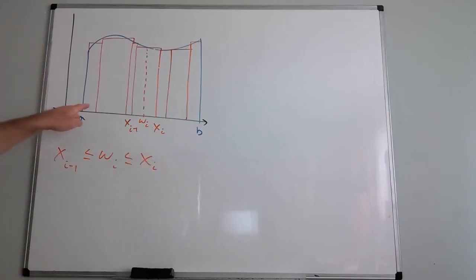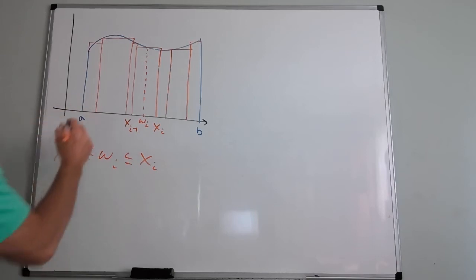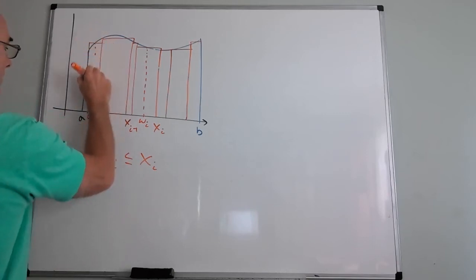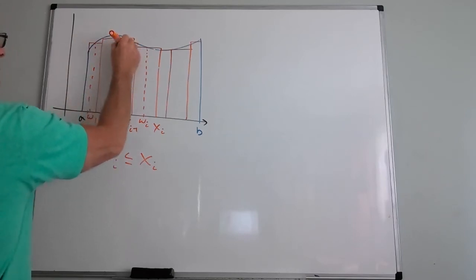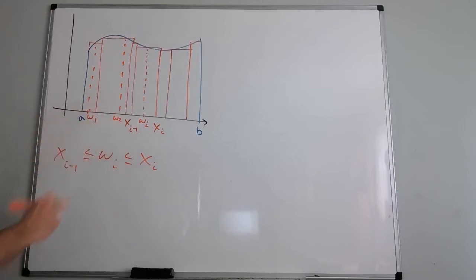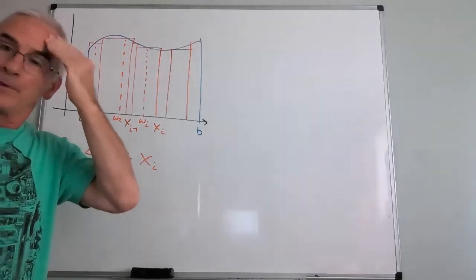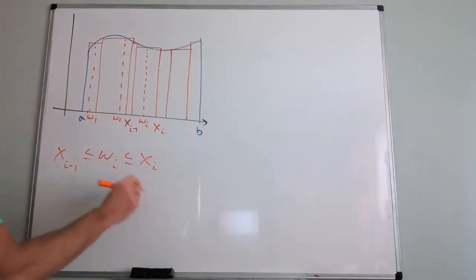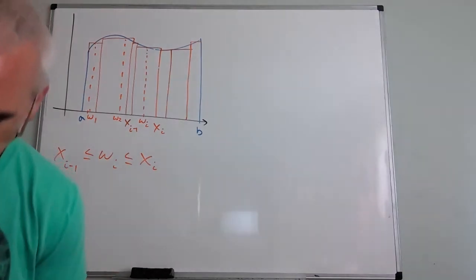So the spot I chose in the first rectangle, we'll call that w1. And the spot I chose in the second rectangle, we'll call that w2, and so on. So the height of the first rectangle is f of w1. The height of the second rectangle is f of w2, and so on, where the w just has to be somewhere between the endpoints.